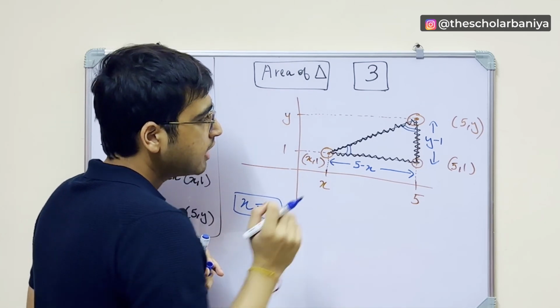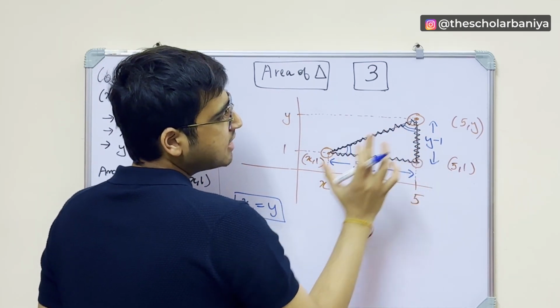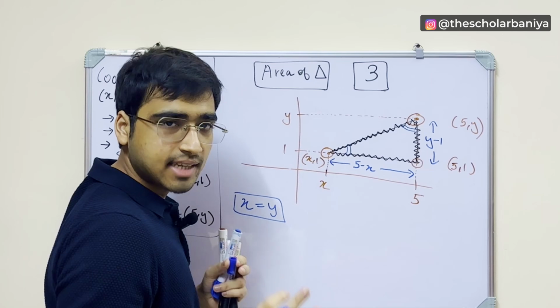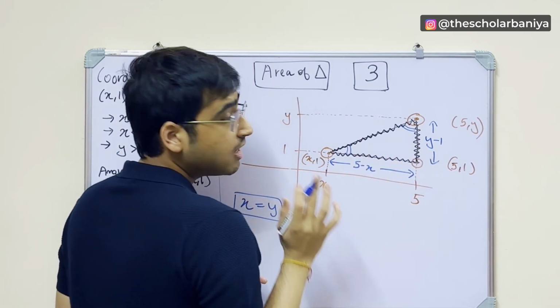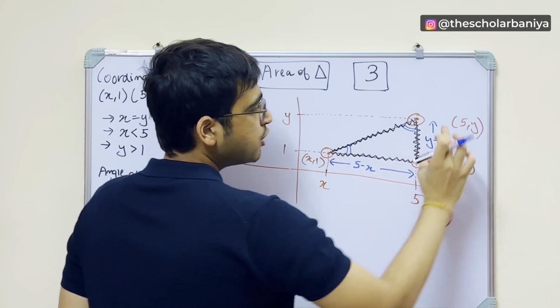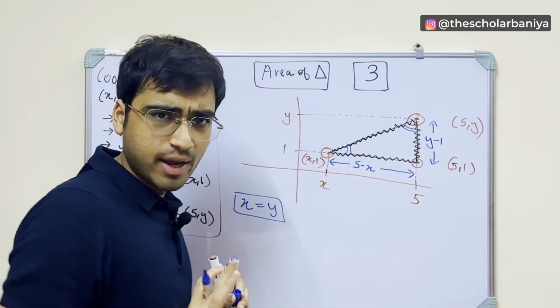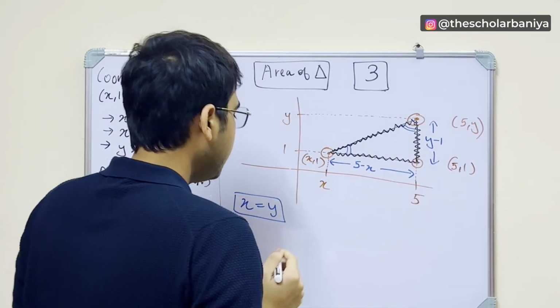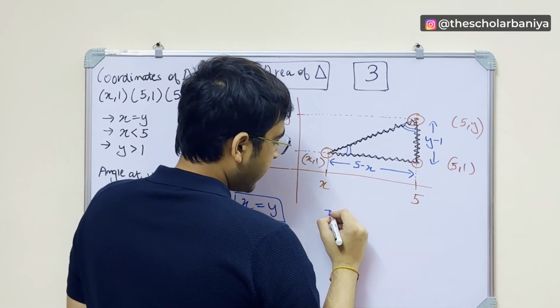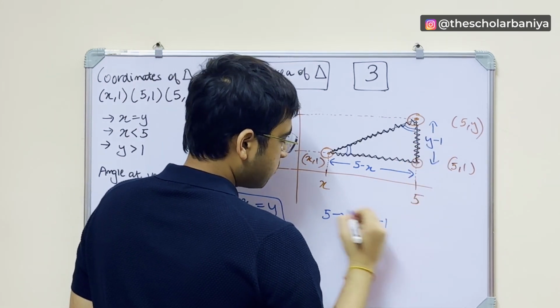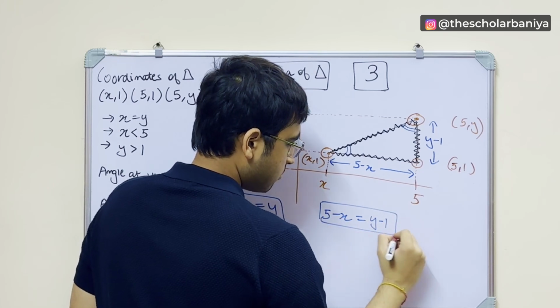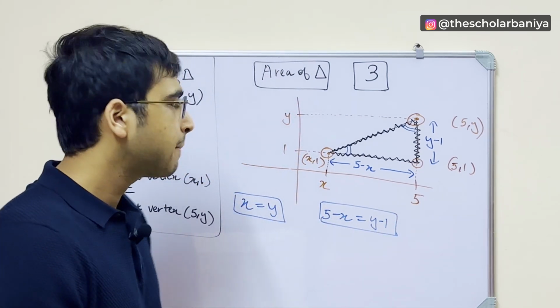Now we also know that in a triangle, if two angles are equal, the corresponding sides will be equal, right? So if this angle is equal to this angle, that means this side should be equal to this side. I hope this makes complete sense, right? That means 5 minus x should be equal to y minus 1. Pretty simple, right?